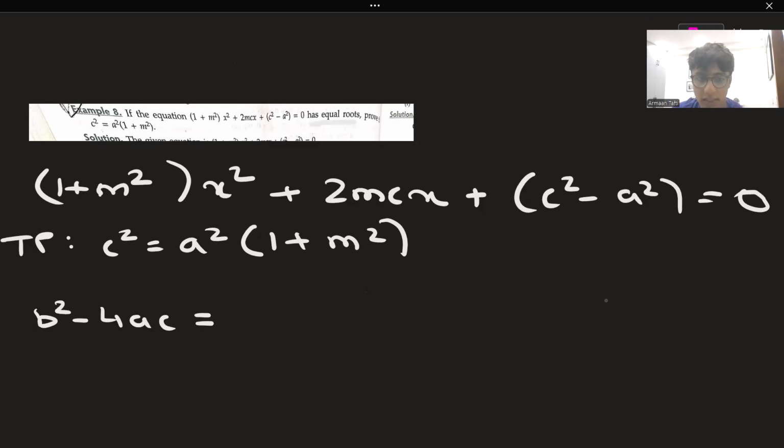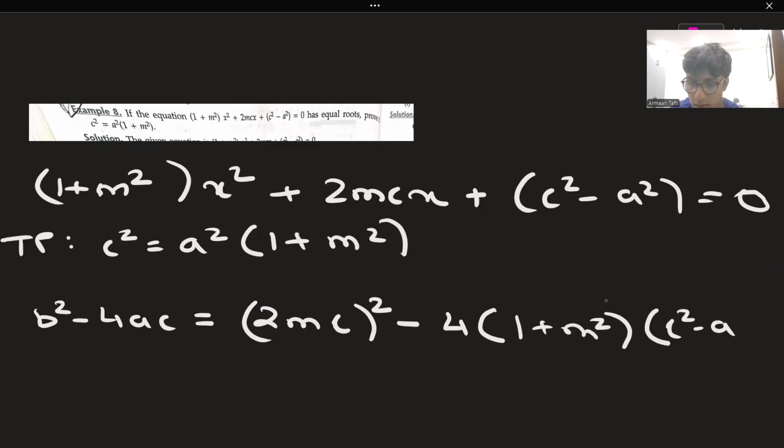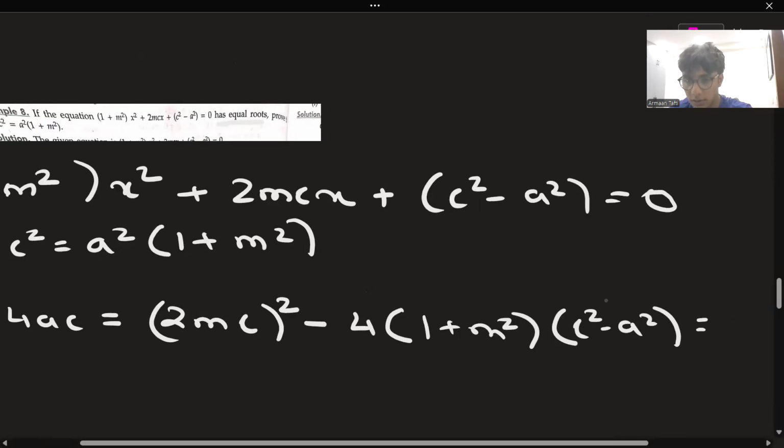What is b squared minus 4ac? b is 2mc, so it's (2mc) whole squared minus 4 times a, which is (1 plus m squared), times c, which is (c squared minus a squared), and this is equal to 0.